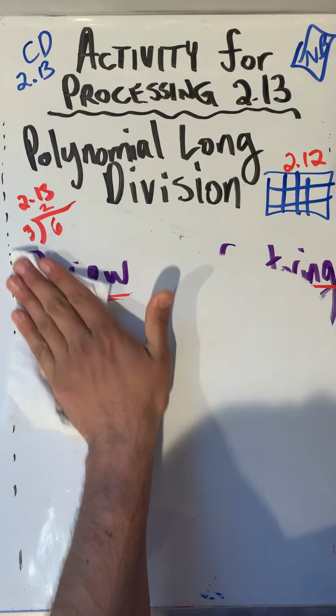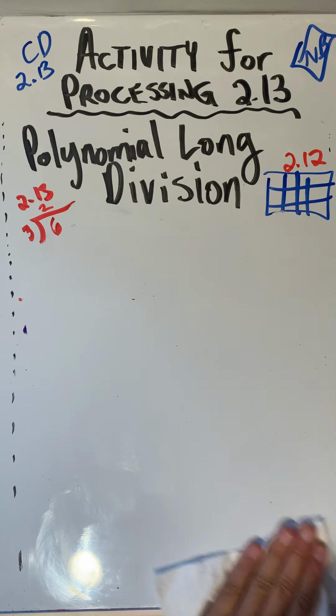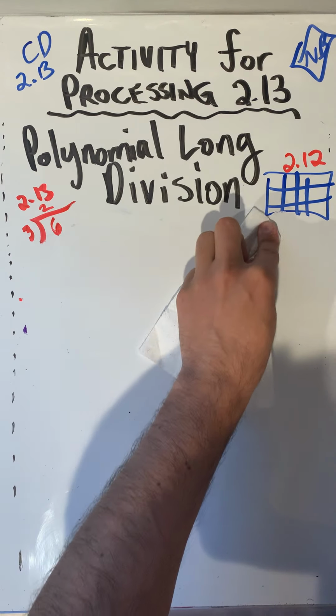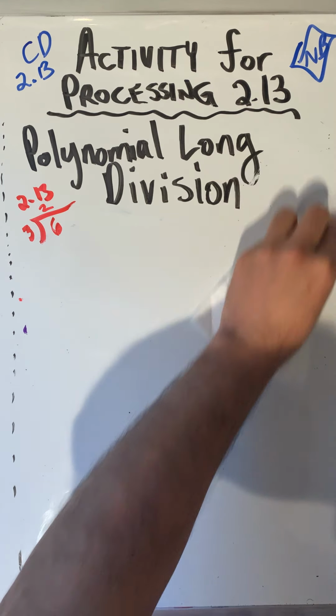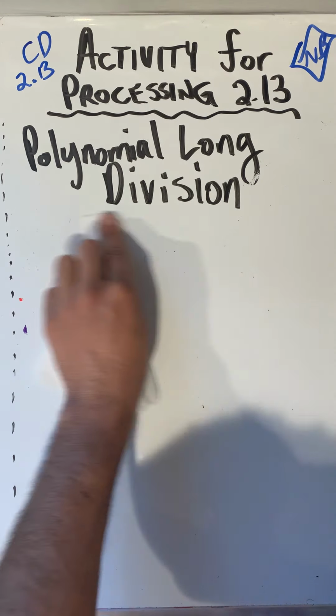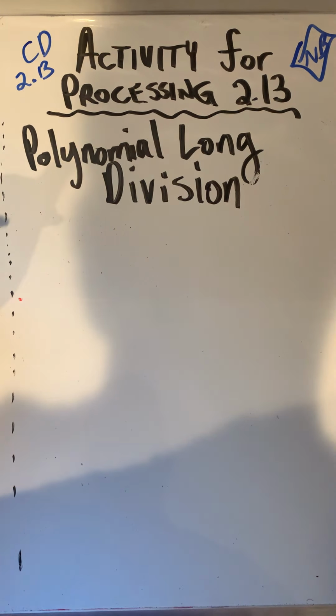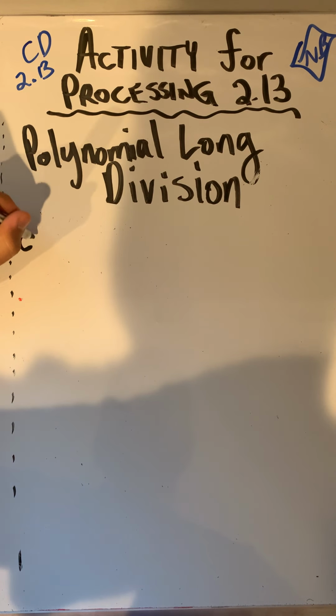And as always, I'd like to remind you, if you see an example and you're like, hey, let me try it myself, always pause the video and try the problem out for yourself. Okay, so this is our quote unquote example one for the lesson.